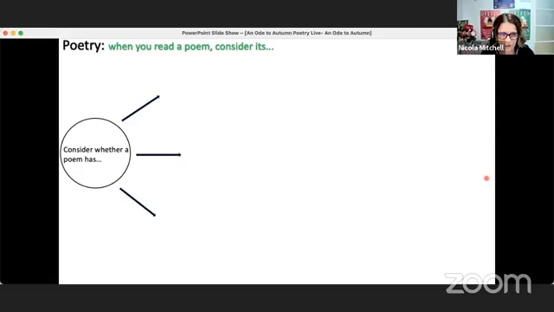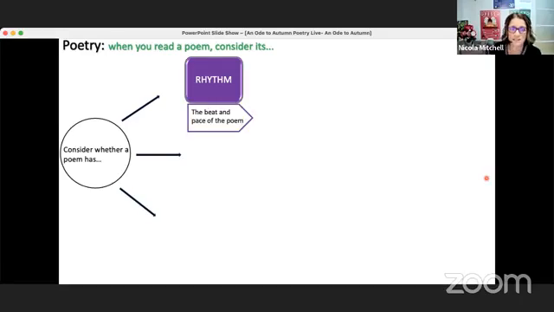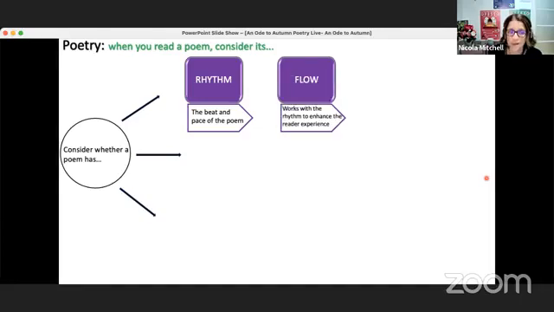So let's take a look. Things to consider when you read a poem is whether a poem has rhythm. Is the first one that we want to look at. And this is really the beat and the pace of the poem. Then we have the flow, which works very closely with the rhythm to enhance the reader experience. And then we have sound.